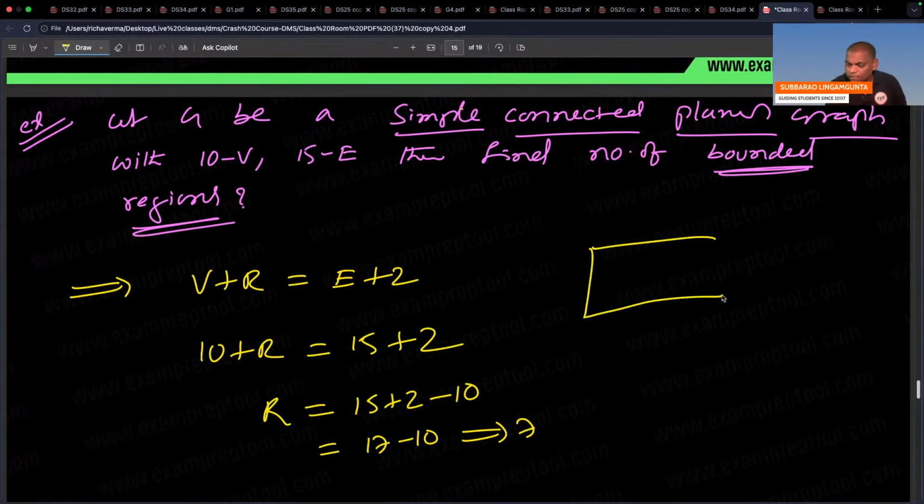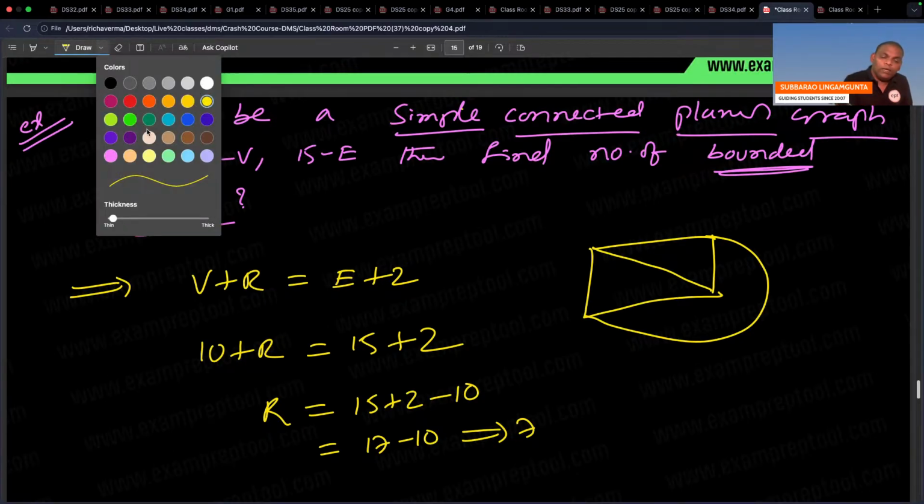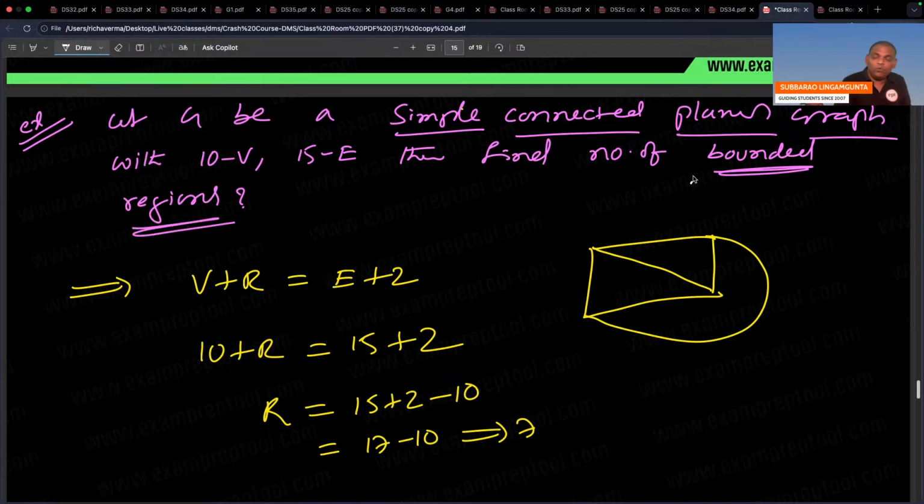Now I want to say one important thing. Everyone can see this. It is a planar graph because there is no edge crossing. Every planar graph will divide the plane into regions.